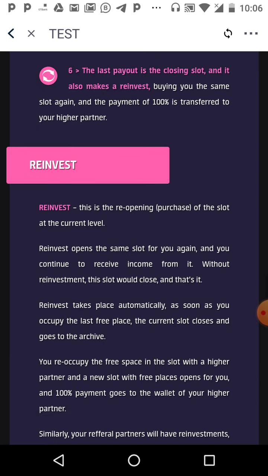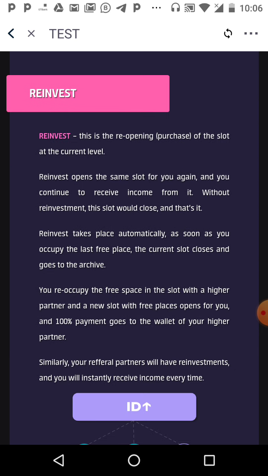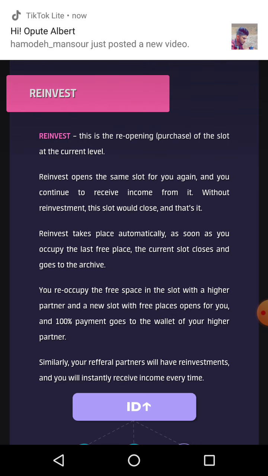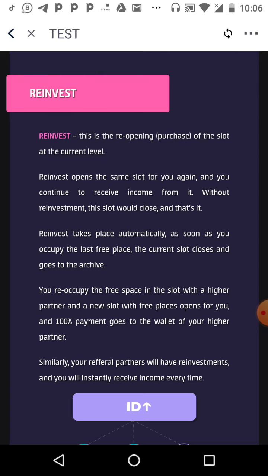So now let's talk about the reinvestment. Reinvesting is the reopening purchase of the slot. I talked about it earlier on. Reinvesting opens the same slot for you again and you continue to receive income from it. Without reinvestment, this slot will close, and that is it.